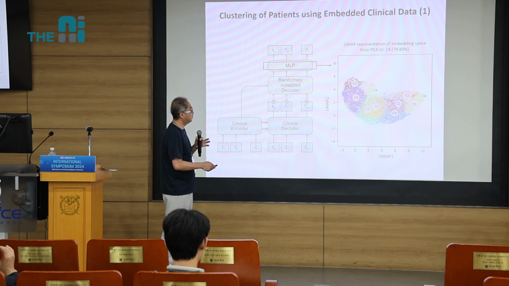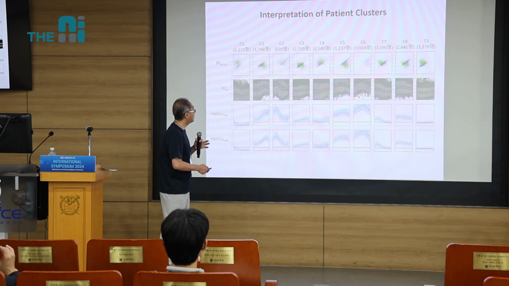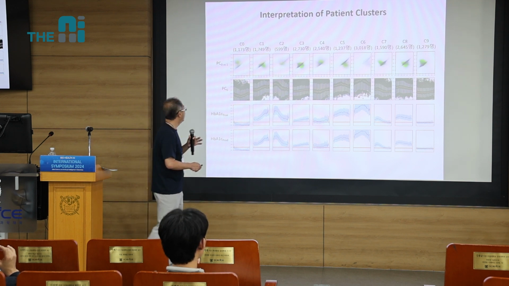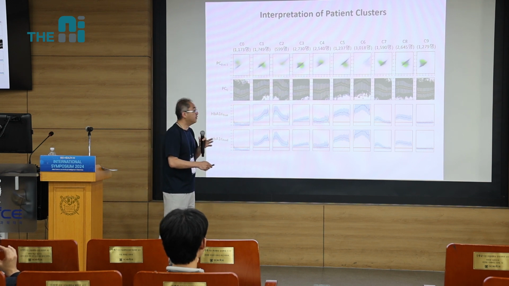So there's a cluster 2, and for each cluster, if you look at the actual level of this HbA1c, you can see these patients, even if you give any drug, if they don't respond, HbA1c does not go down. And if you look at these patients, they easily go down with the medication.